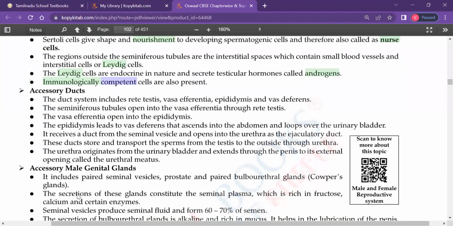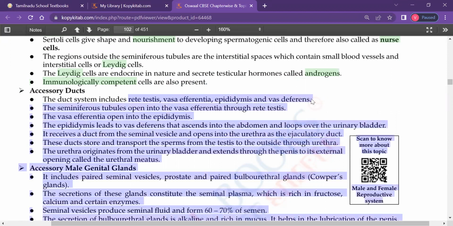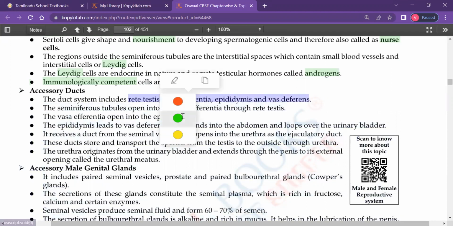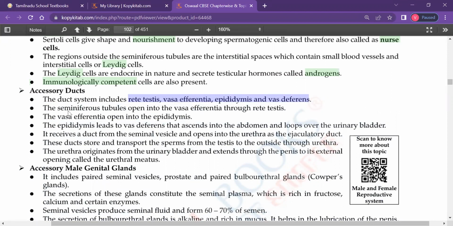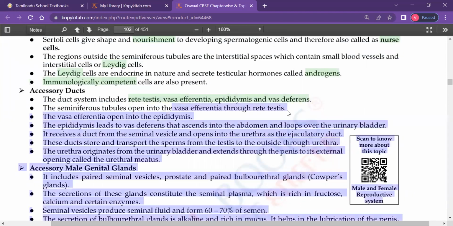Now, the testes produce these sperms and they have to travel into the ducts. The duct system includes rete testis, vasa efferentia, epididymis, and vas deferens. The seminiferous tubules open into vasa efferentia through rete testis.